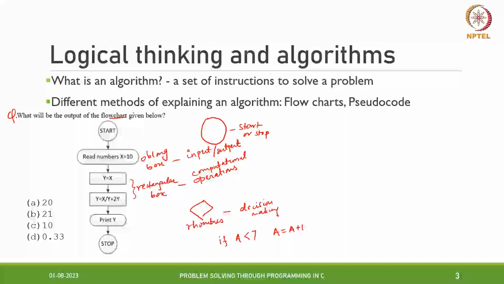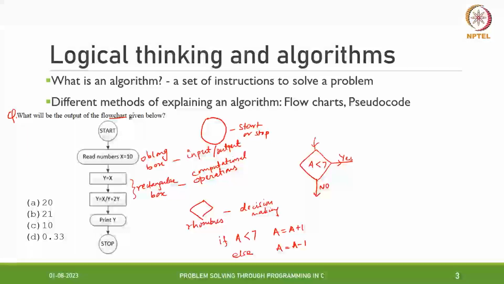If not, that is else, a should be decremented by 1. Say I want to write this. I will put a rhombus, and there would definitely be something before this. I would say a is less than 7. Then there will be a yes branch, and then there will be a no branch.